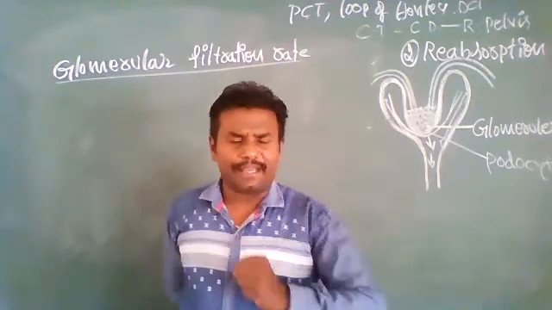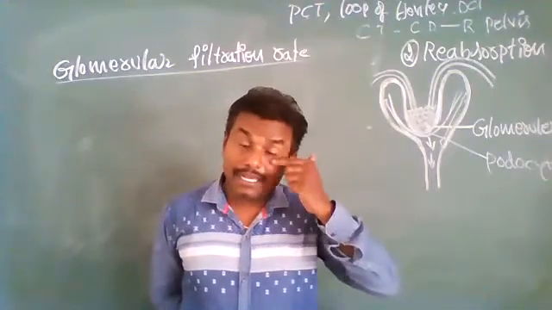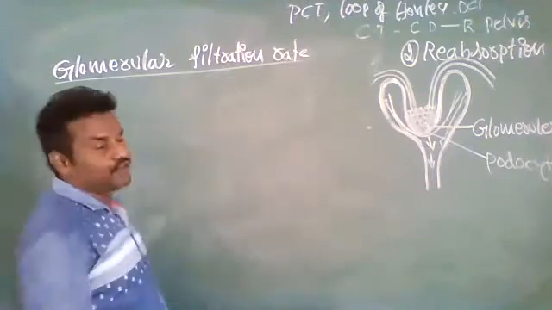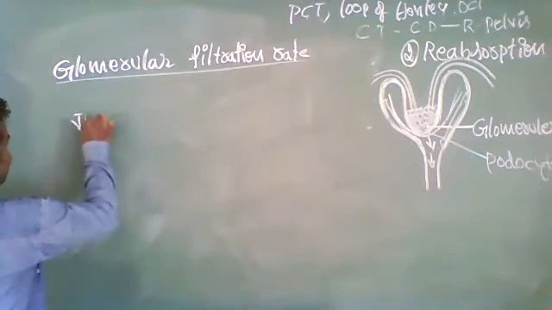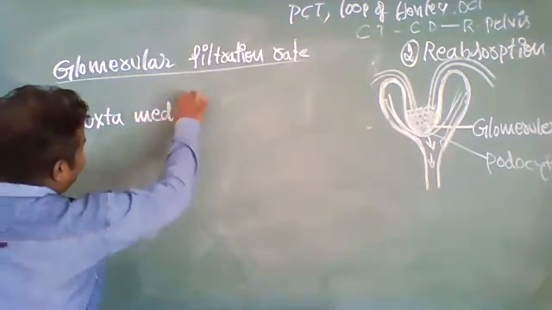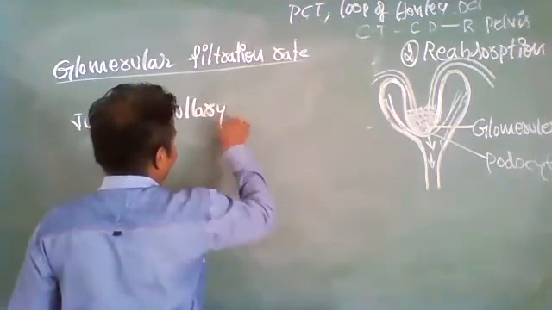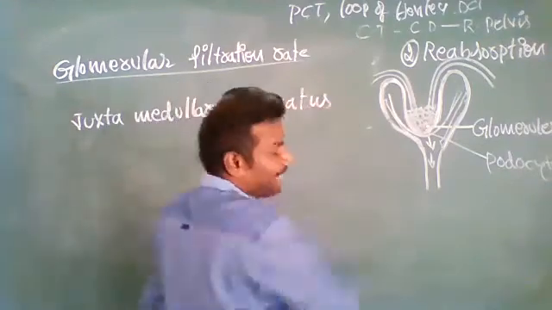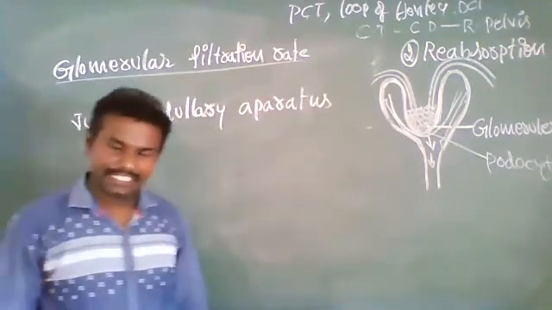Such a beautiful mechanism, the regulation of glomerular filtration rate, is carried out by the juxtamedullary apparatus.